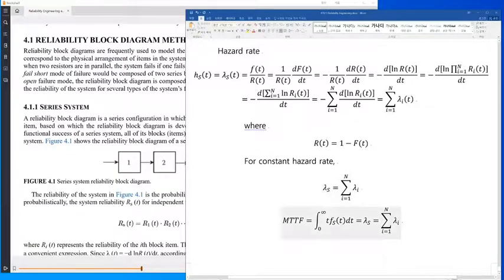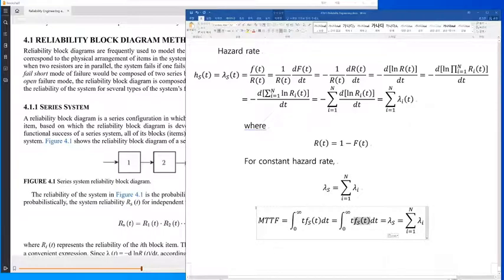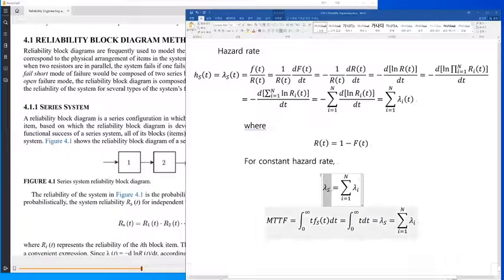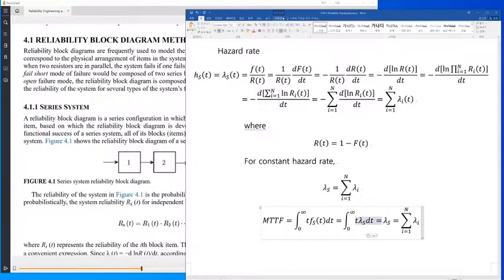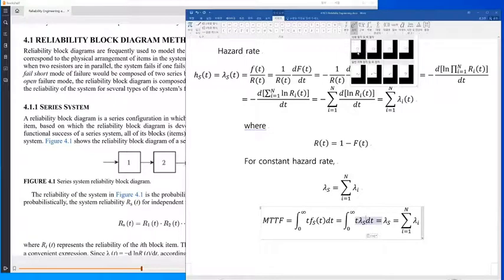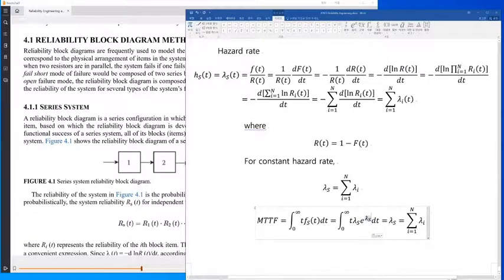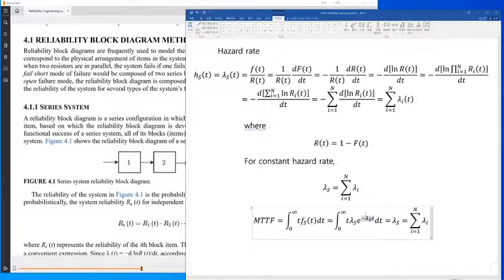In this case, the f of the system will be lambda S exponential minus lambda S t. So if we write it here one more time, f_S(t) should be lambda S exponential minus lambda S t.